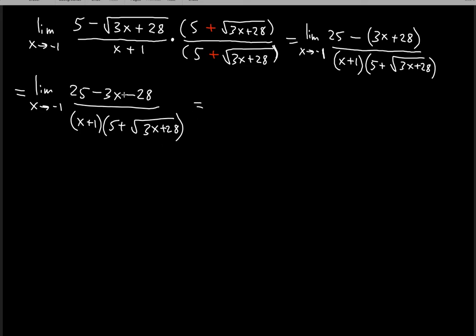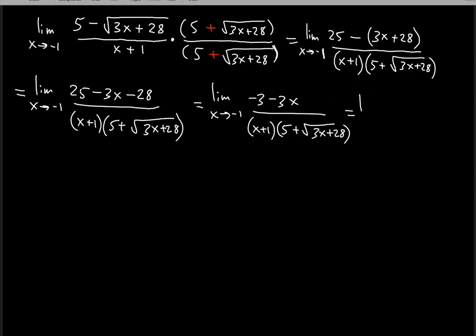So what this gives us, it gives us minus 3 minus 3x on the top, and x plus 1 times 5 plus square root of 3x plus 28. And now we can take out the minus 3, as you can see. You can take out the minus 3 and write it as minus 3 times 1 plus x, right?